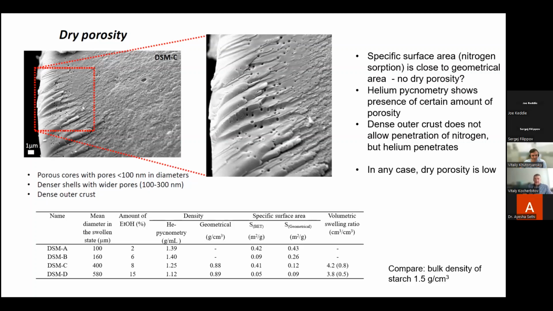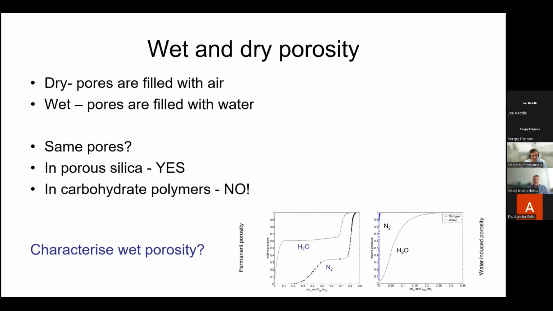Of course, if it's not accessible for nitrogen, it will not be accessible for larger molecules like proteins. But the point is that encapsulation of proteins and such materials should be done in the hydrated state. And in the hydrated state, the properties of porosities are completely different. In the dry state, the pores are filled with air; in the wet state, the pores are filled with water.